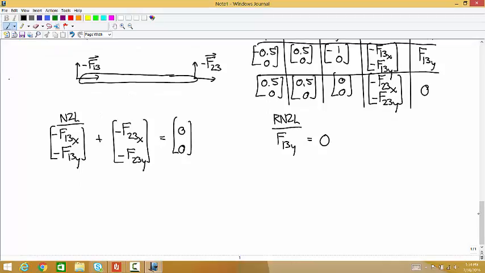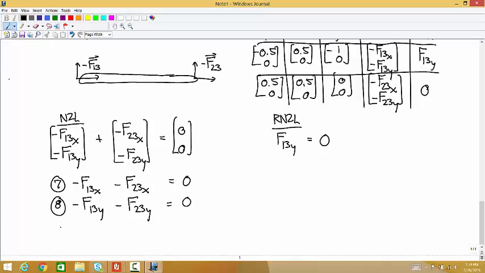So equations 7, 8, and 9. Equation 7 says negative F13x minus F23x is equal to 0. Equation 8 says negative F13y minus F23y is equal to 0. And equation 9 says F13y is equal to 0.